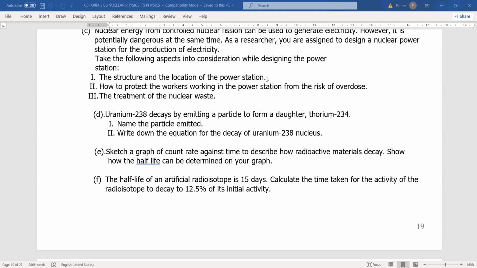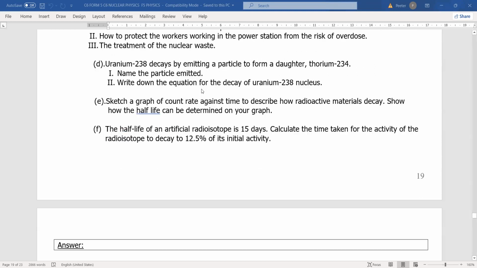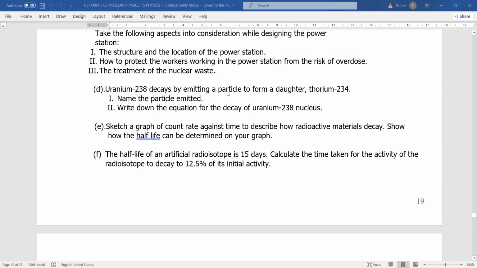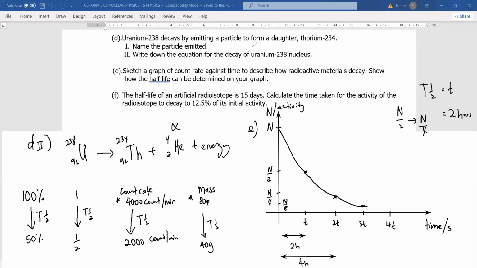Okay. Next, uranium-238 decays by emitting a particle to form daughter thorium-234. Name the particle emitted. You see, 238 becoming 234, so it must be alpha. Write down the equation. If uranium-238 decays, the nucleon number drops from 238 to 234, so the nucleon number decreased by 4.